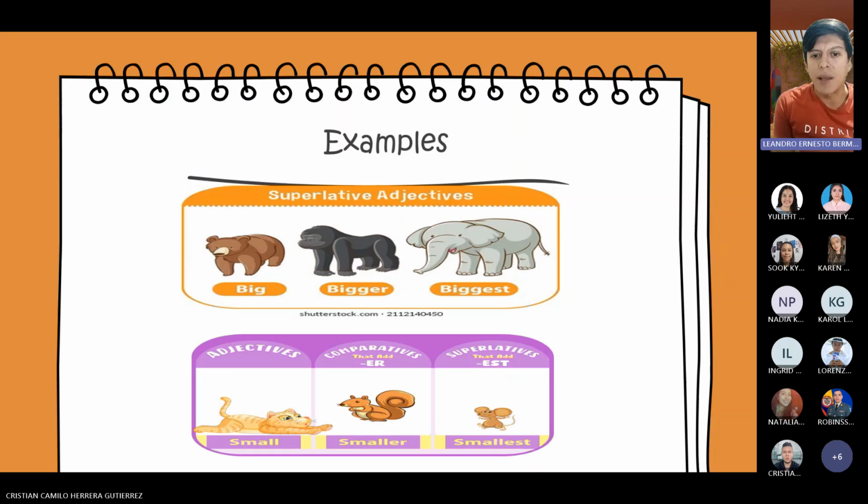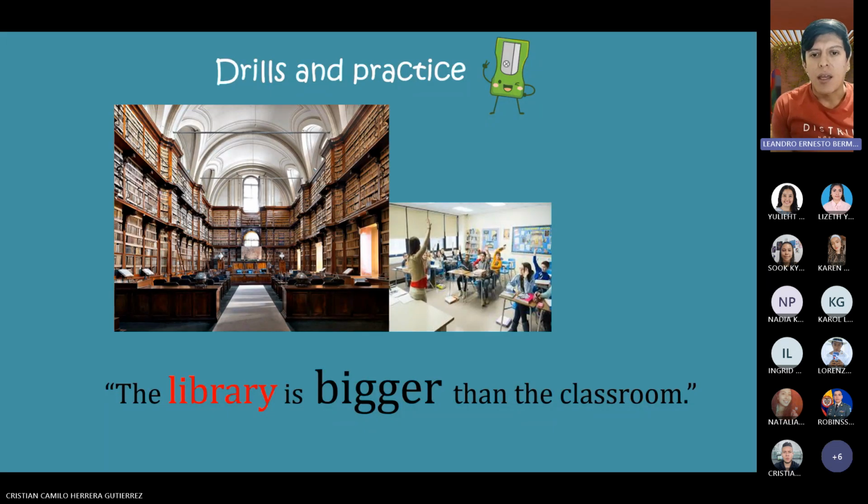Okay, my name is Leandro. We are going to practice some exercise. In this case, we are comparing two places, the library and the classroom. When we compare two things, we use the comparative form.